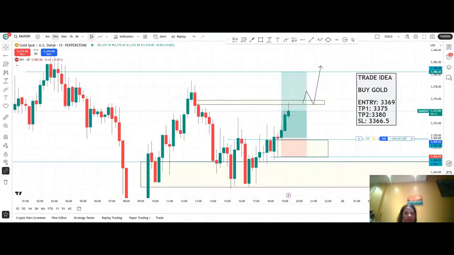So 3375 TP1 was hit. Now we're going for 3380.